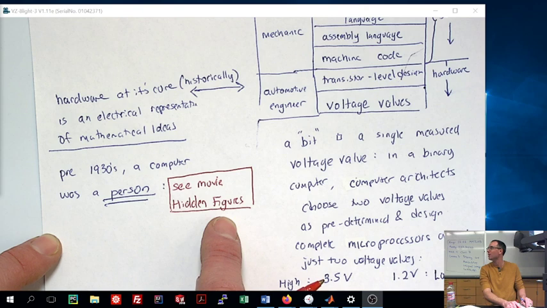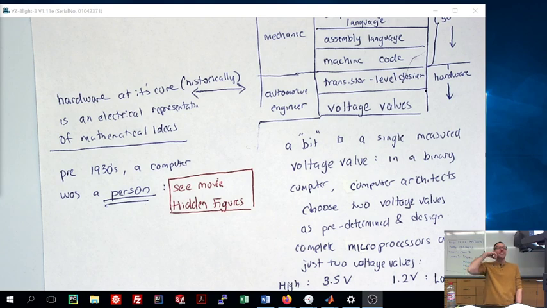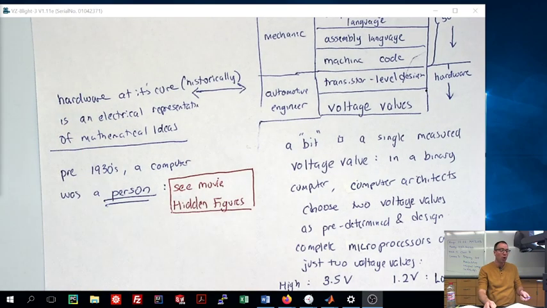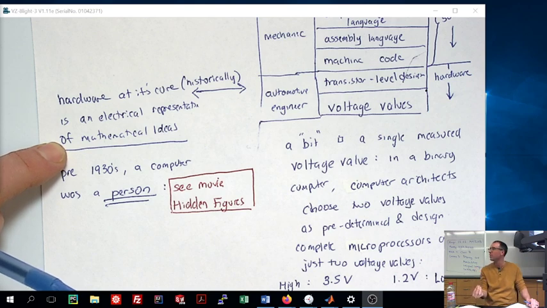It wasn't until Claude Shannon's famous master's degree thesis and then the corresponding 90 years of development since then that the word computer started to be associated with electronics. In fact, one of the major scientific breakthroughs was the concept that we could take logic, Boolean algebra, mathematical logic and mathematical representations, and represent those as voltages.